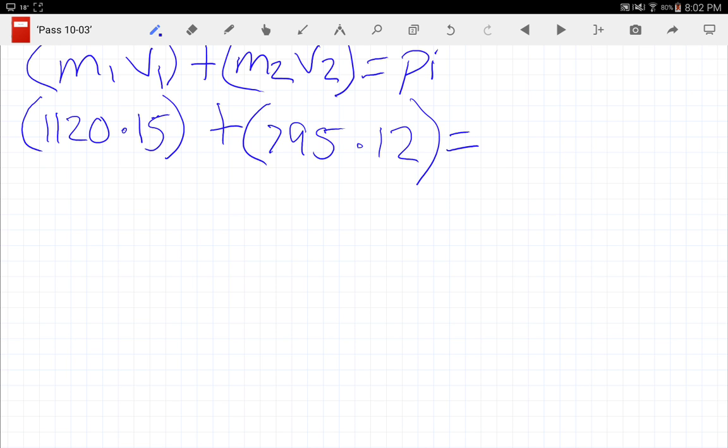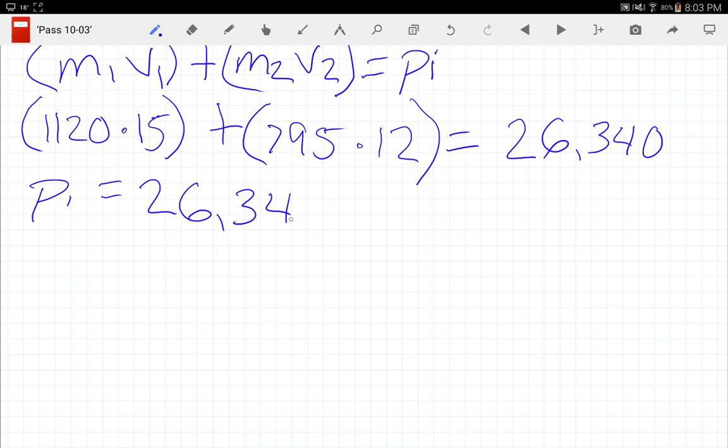Yes, that sounds about right. I just did the total of them. Yeah, 26,340. Yes. Okay. So our momentum initial is 26,340, and momentum is kilograms times meters per second.